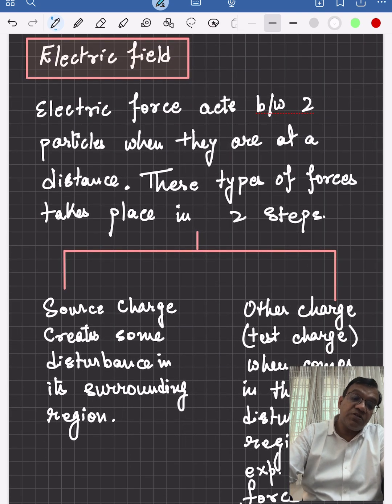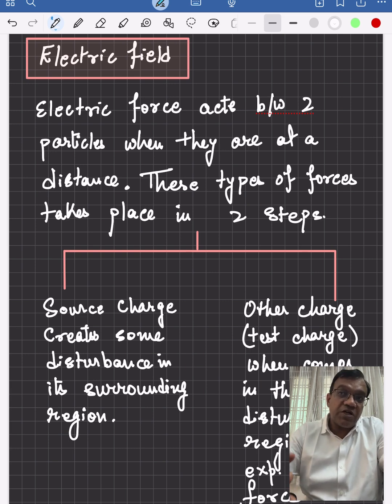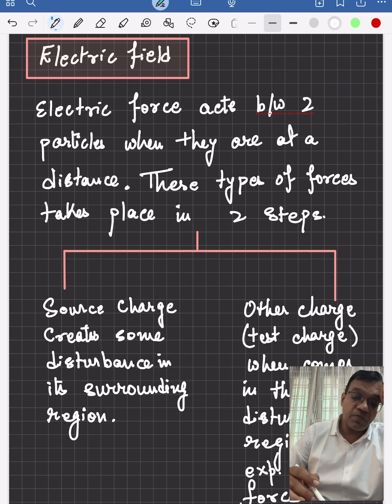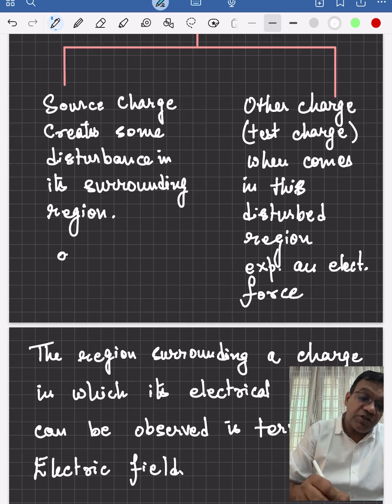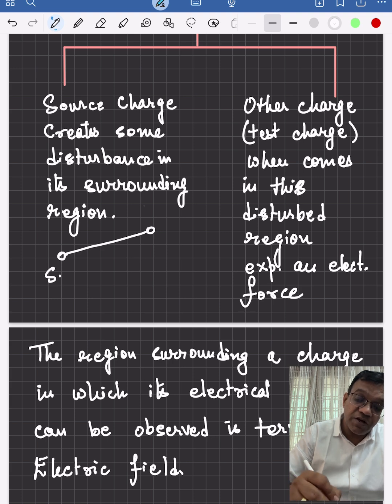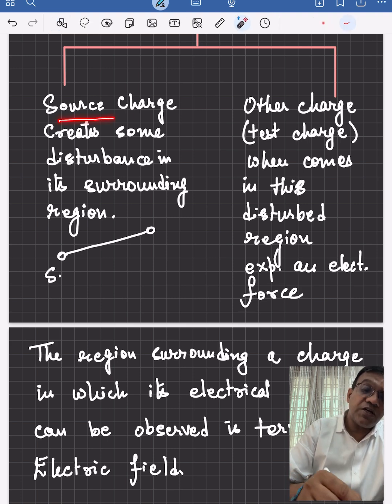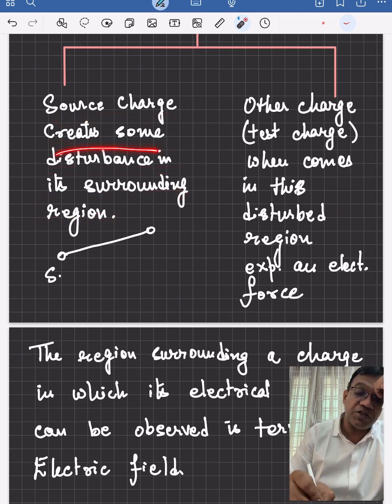Now how does one charged particle exert a force on another? This takes place in two steps. First, any one of the charges, say we call it the source charge, creates some electric field in its surrounding region. I am calling this a disturbance: the source charge is creating a disturbance in its surrounding region.